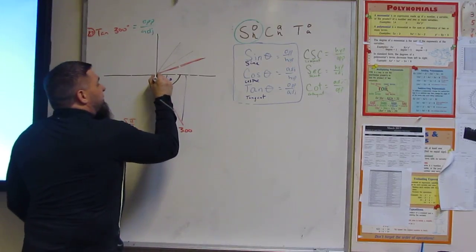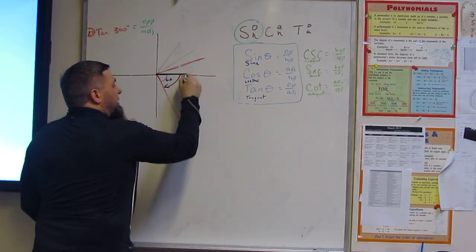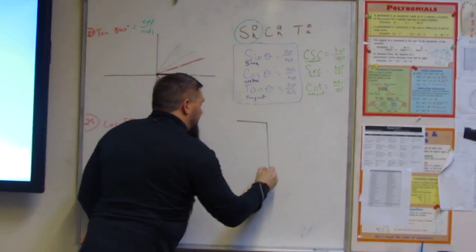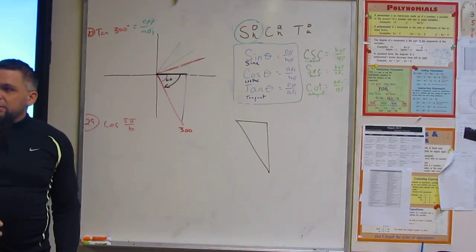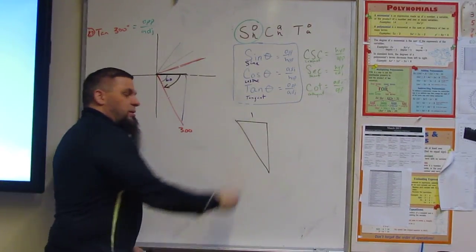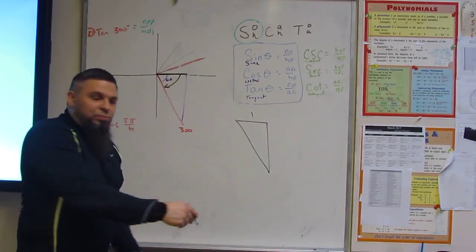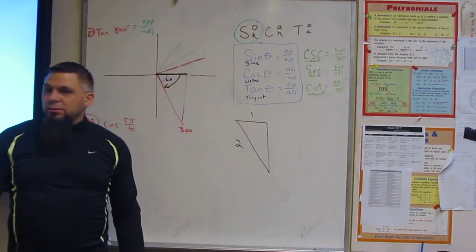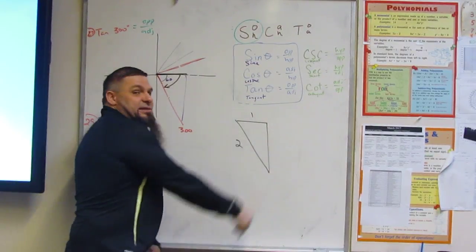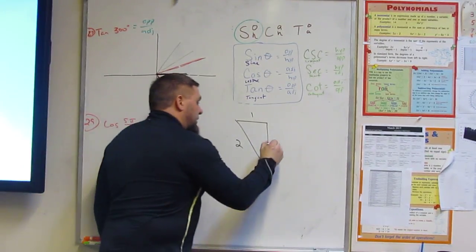What is this from here to here? When we think about that 30, 60, 90, remember the short leg was 1, the hypotenuse is 2, and this piece is square root 3.